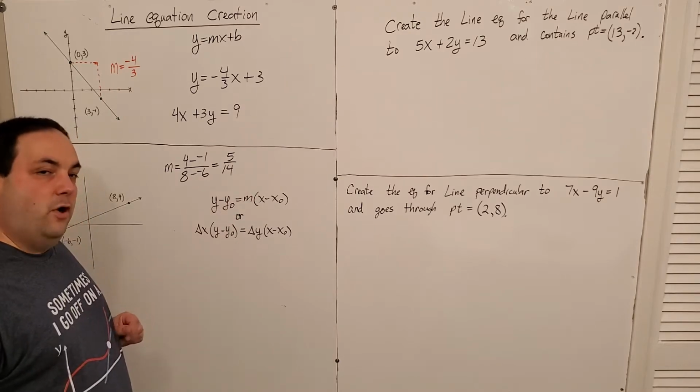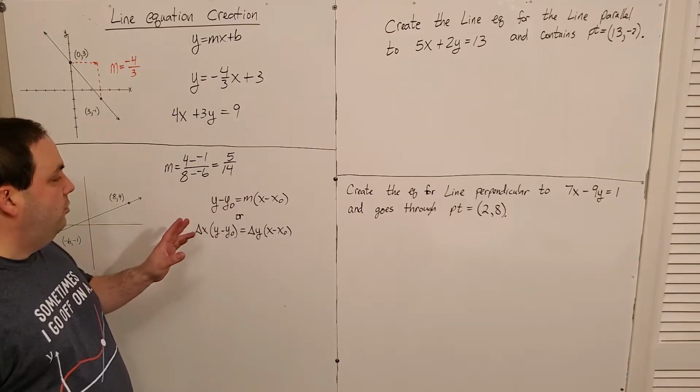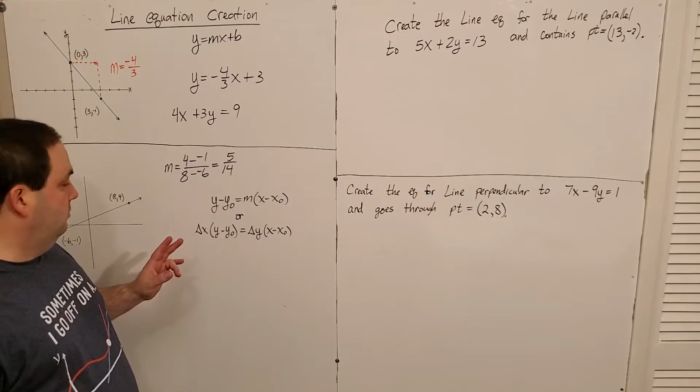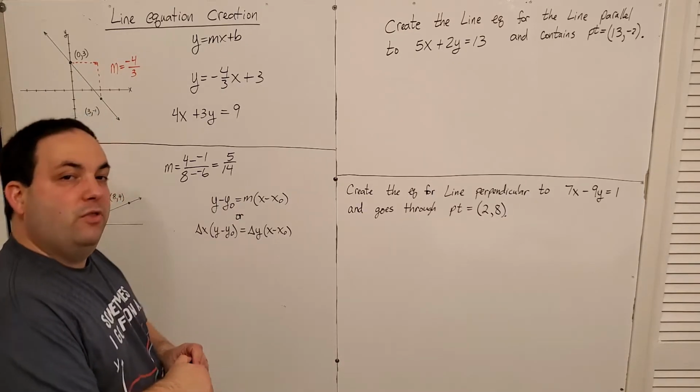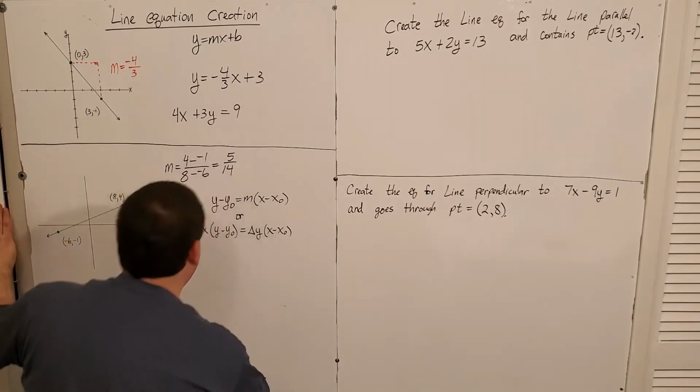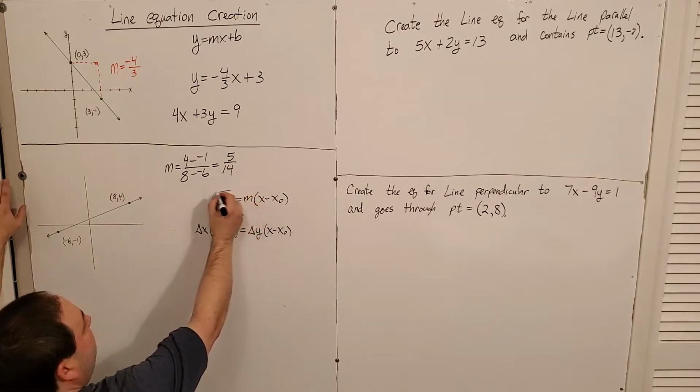Either one of these versions of point slope will give you the same result, okay? So watch, I'll set them both up and you'll see. Let's set up the first one.